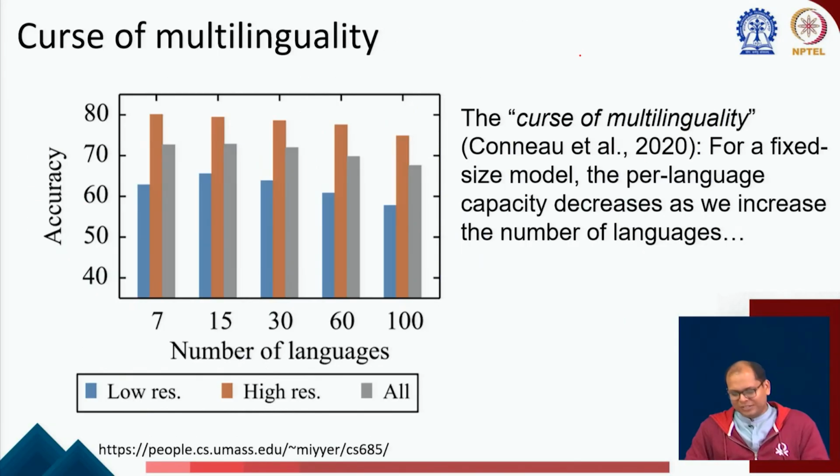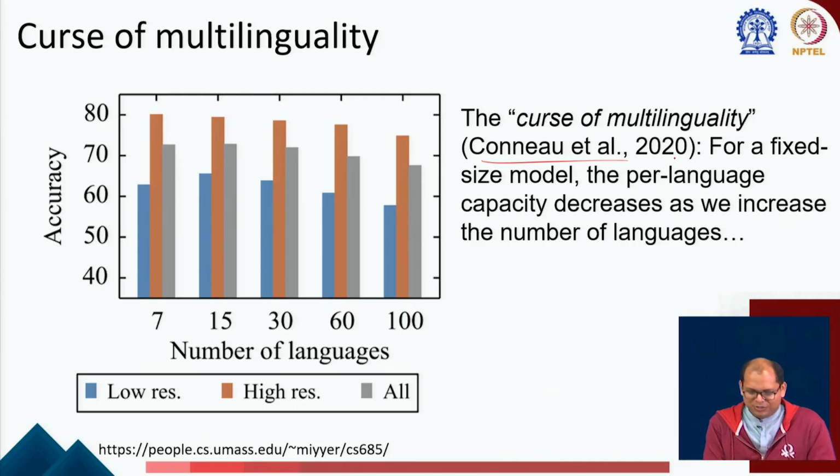Now one thing though that comes when you are pre-training with multiple languages is the curse of multilinguality. So this was seen in this paper by Conneau, that suppose I fix the size of the model. Now I am increasing the number of languages. So what will happen? The capacity per language will decrease, right?